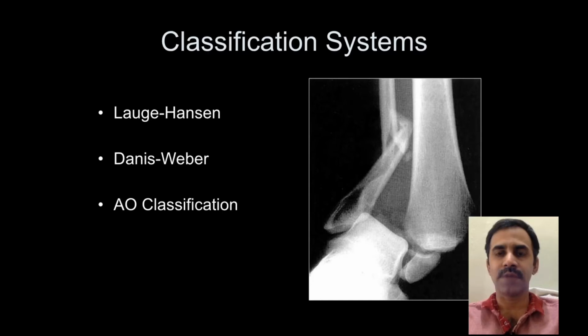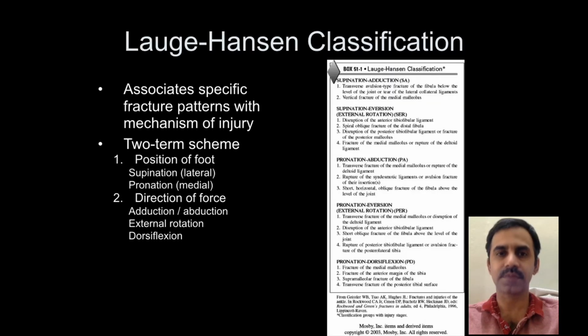There are various classification systems. The most commonly mentioned one is the Lauge-Hansen classification. Then we have the Danis-Weber classification and the AO classification. Lauge-Hansen classification associates specific fracture patterns with the mechanism of the injury. It is a two-term scheme.